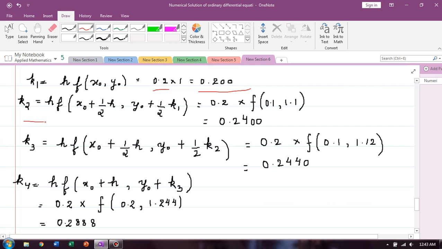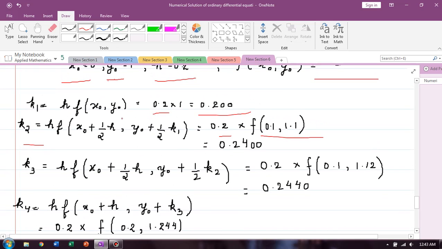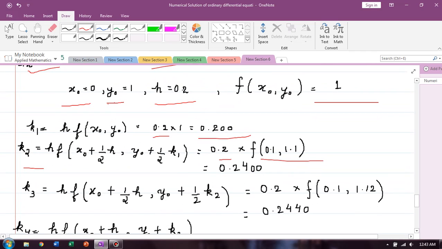Now next we have to find the value of k2. k2 is h into f of x naught plus 1 by 2 h and y naught plus 1 by 2 k1. Now h is 0.2. x naught is 0, h is 0.2, 0.2 by 2 is 0.1, so 0.1. y naught plus 1 by 2 k1: y naught is 1 and k1 is 0.2, 0.2 by 2 is 0.1, 0.1 plus 1 is 1.1.